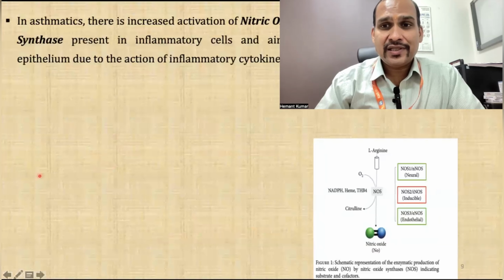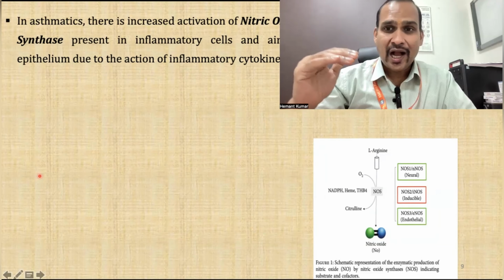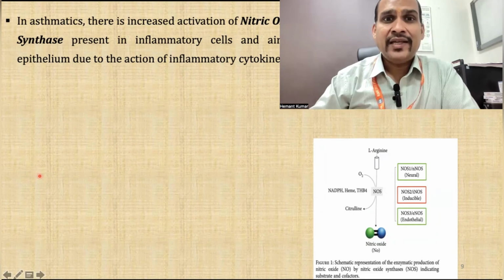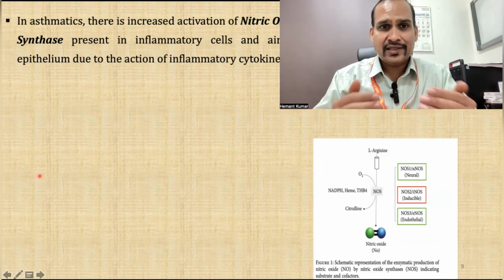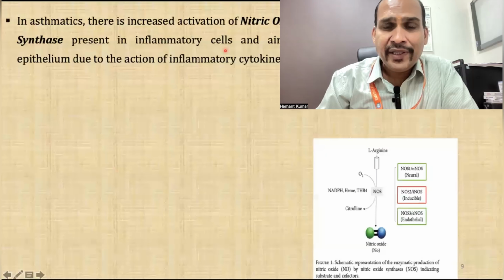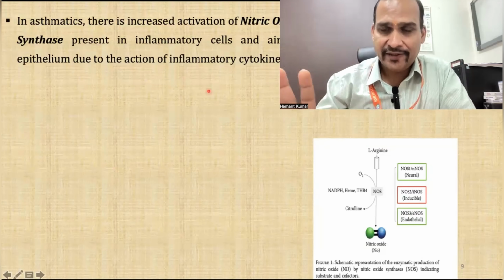But what happens if this nitric oxide level increases in the body? How does it get increased? Because of inflammation. In asthma, what happens? There is the biology of asthma, there are inflammatory cytokines, everything is there. These inflammatory cytokines, which ones? IL-4, 5, 13.